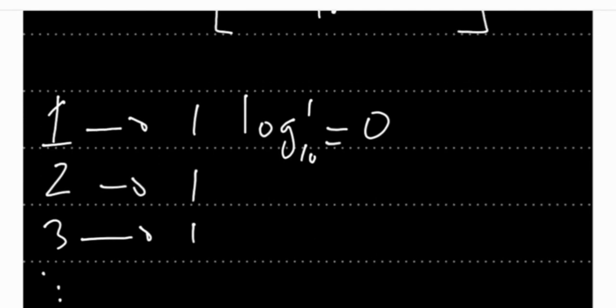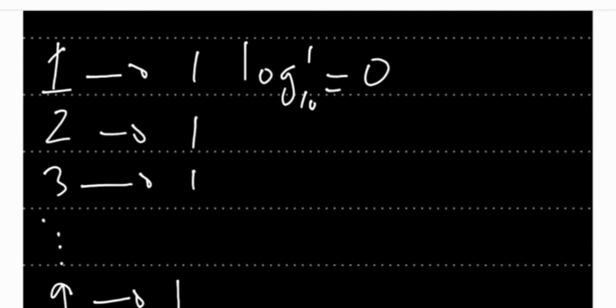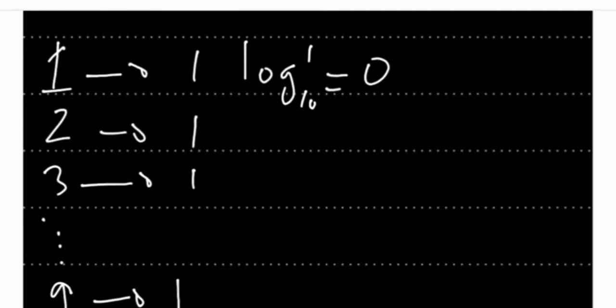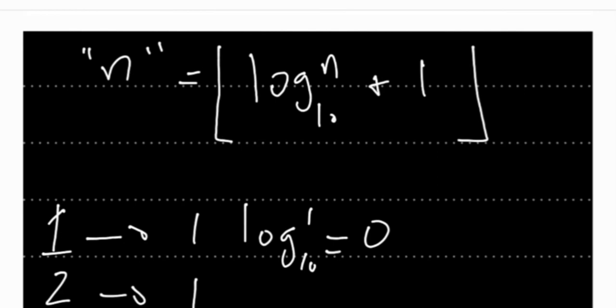So this is why the formula has a log of n in base of 10, because we are changing our number of integers every time we change a power of 10. And we have a plus 1 to correct our error, let's say, over here.